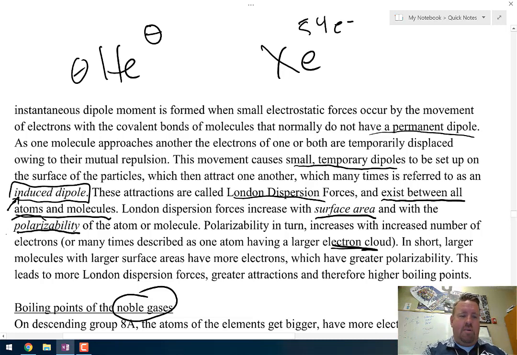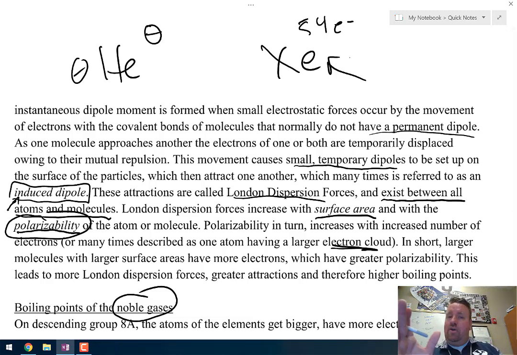When we talk about polarizability, we're talking about the bigger the electron cloud, which in this case is xenon, the more polarizable that atom or molecule becomes, because the likelihood of one or more of those electrons being on one side of the atom rather than the other is greater. So the more electrons that atom has, the more polarizable it is, and therefore the greater London dispersion forces that atom or molecule is going to have.